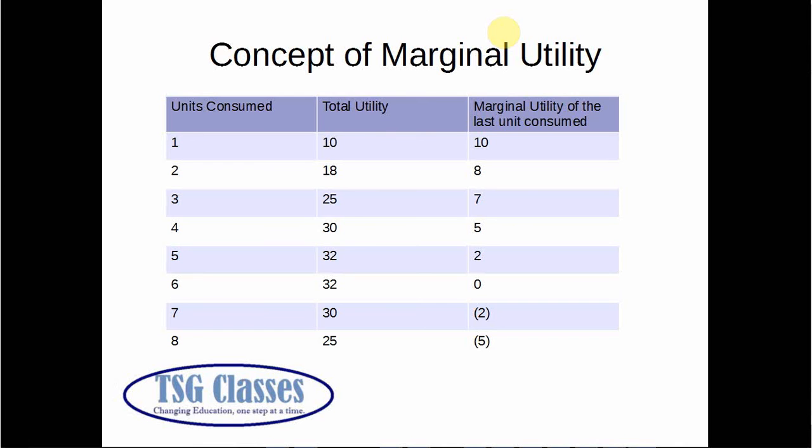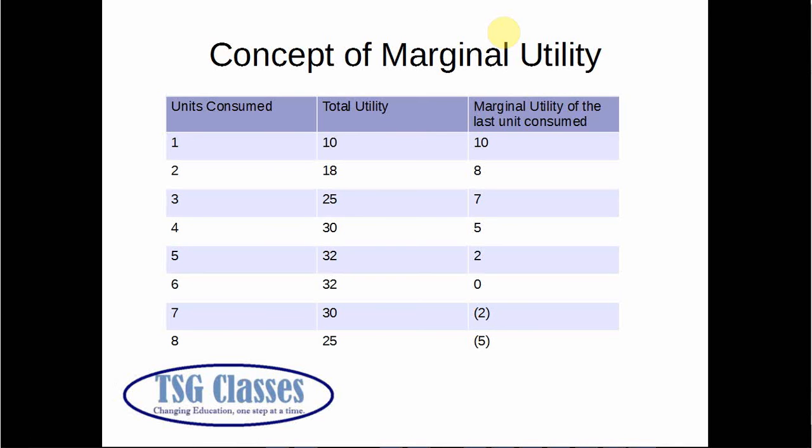But once you have had your sixth slice of pizza, you're full. And if you have another, additional slice of pizza, you would possibly be overstuffed. If you are a college student, you might fall asleep in the next lecture, so there is some negative side effect associated with it.